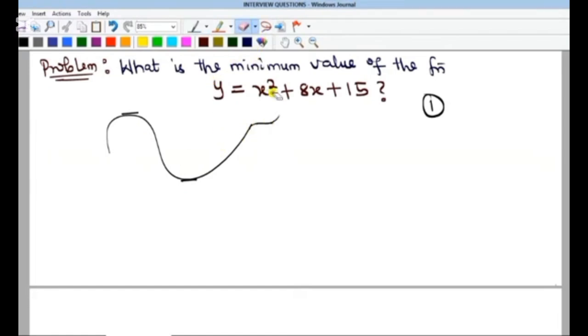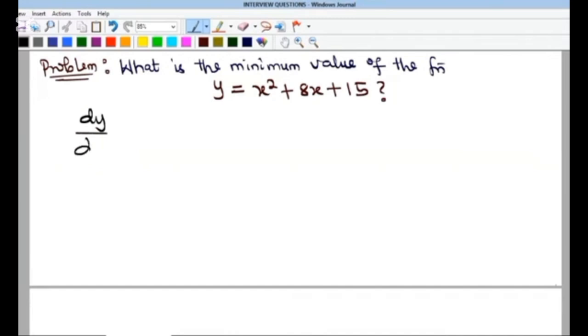Okay, so remember that we said that your stationary point is gotten from taking the derivative of y with respect to x and equating that to 0 when you solve. And why is this?